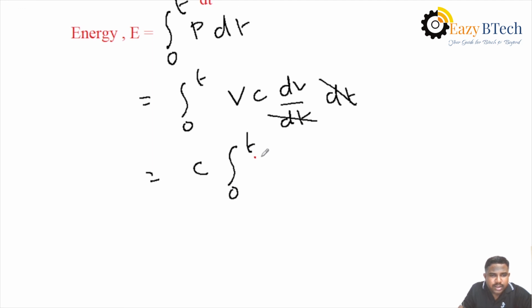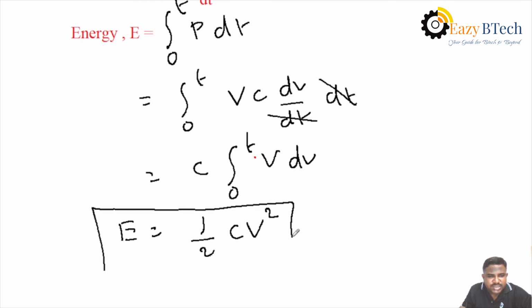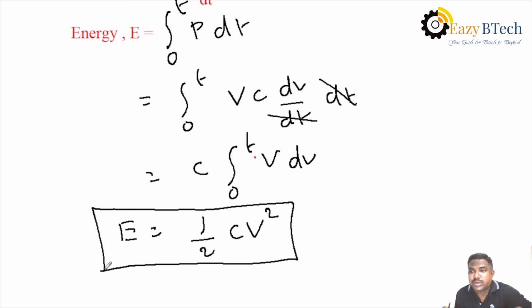Then you can take the integration of V with respect to dV. What is the formula here? The integration of V is V square by 2. Then the formula for energy stored in a capacitor is half C V square. Already C is there, that's why the formula becomes half C V square.